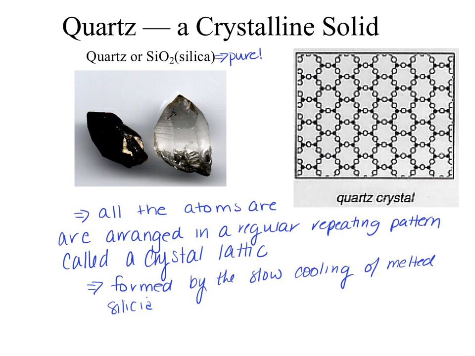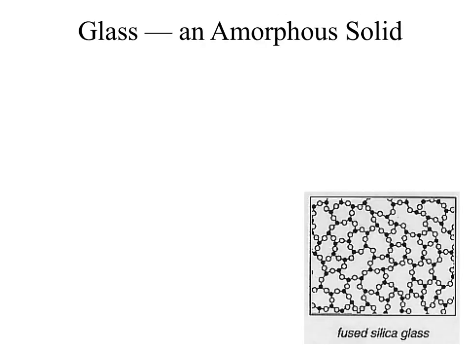Now let's compare that with glass. Glass is an amorphous solid. Silica is the basic ingredient of glass.